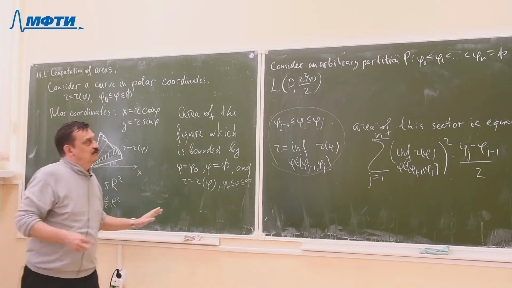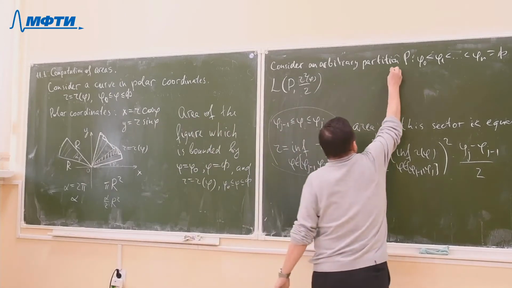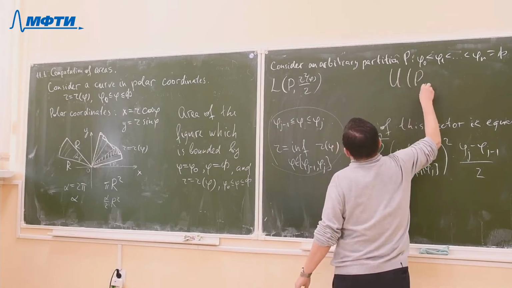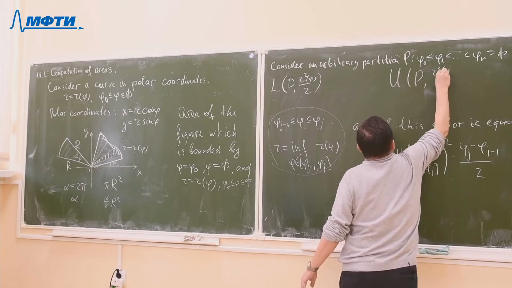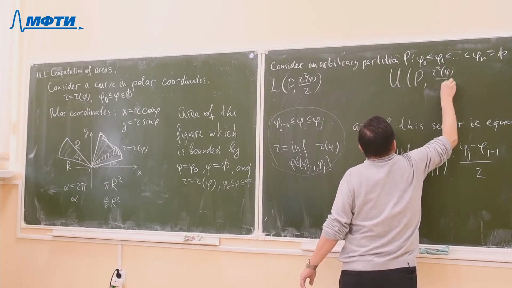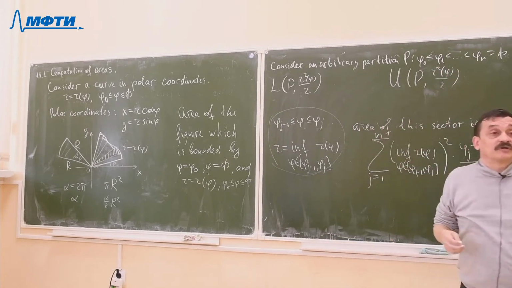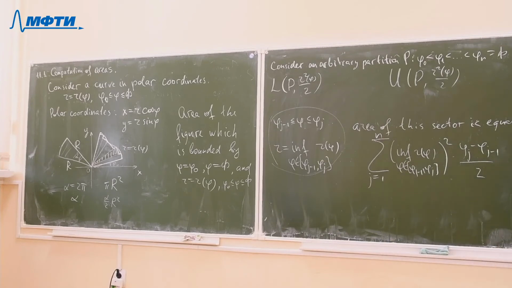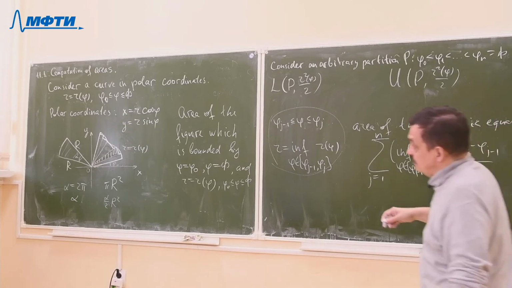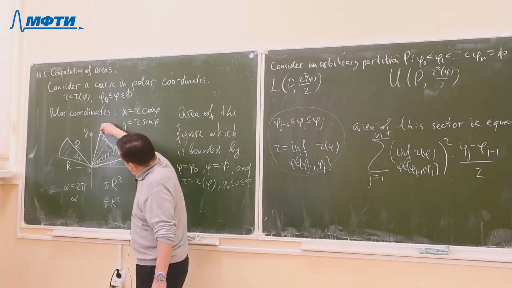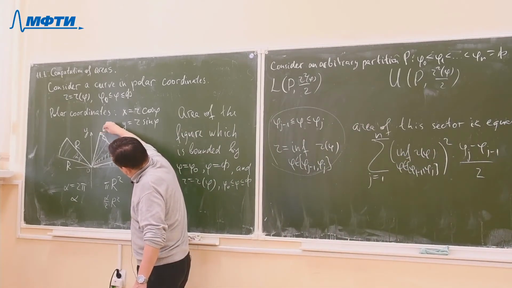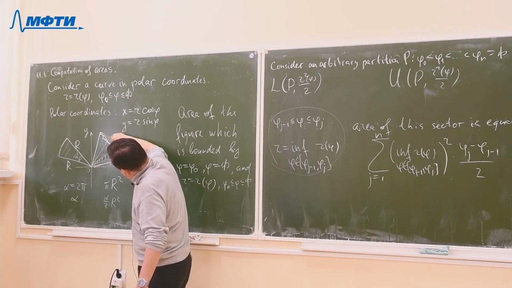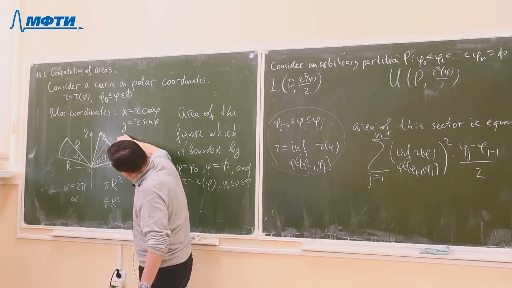Analogously, what can we say about this? What is the upper double sum? It will be quite analogous, right? But it will consist of areas of sectors which are greater than our figure.